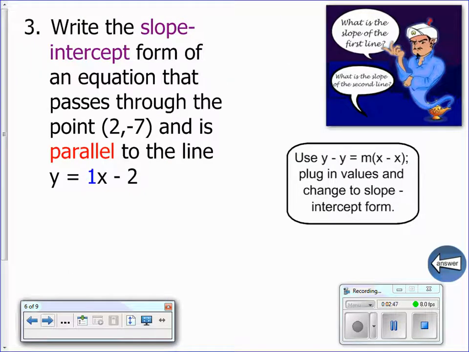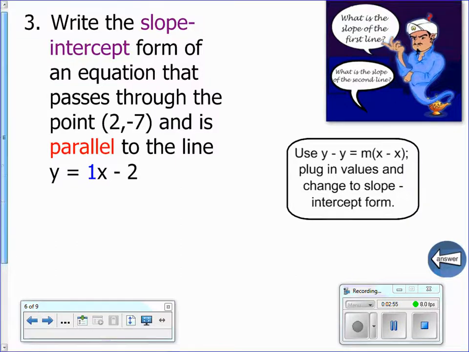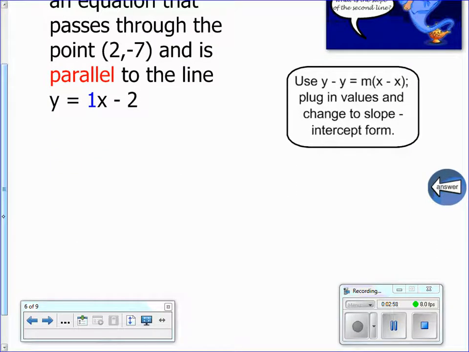Write slope-intercept form of an equation that passes through the point 2, negative 7 and is parallel to the line y equals 1x minus 2. This time I'm going to use point-slope form just so that you can see there's more than one way to solve it. So my point slope is y minus y1 equals m times x minus x1.